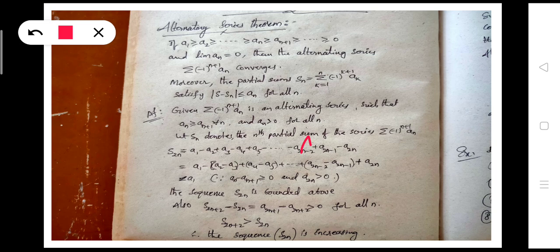Also S2n plus 2 minus S2n is equal to a2n plus 1 minus a2n plus 2, which is greater than 0 for all n. Therefore S2n plus 2 is greater than S2n.